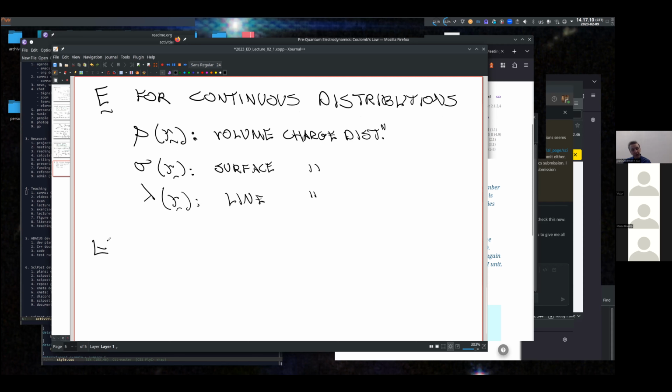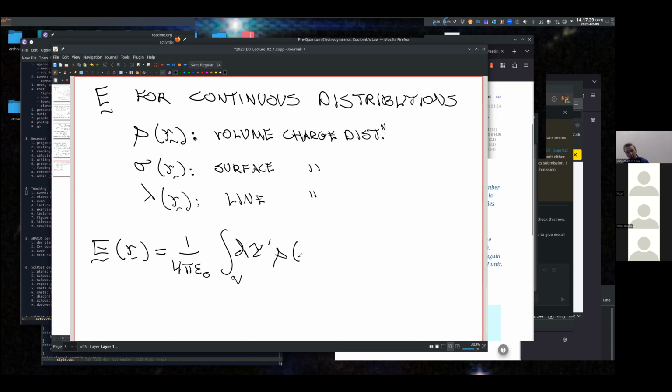So the electrical field produced by a volume charge distribution at a certain position R is just now 1 over 4 pi epsilon 0 by the principle of superposition, the integral over all non-vanishing places of this volume charge distribution of the volume elements. I'll write it d tau prime. So prime coordinates are kind of the source coordinates here.